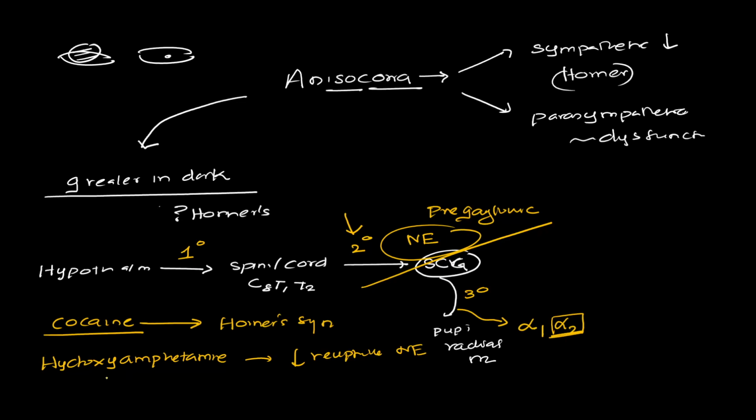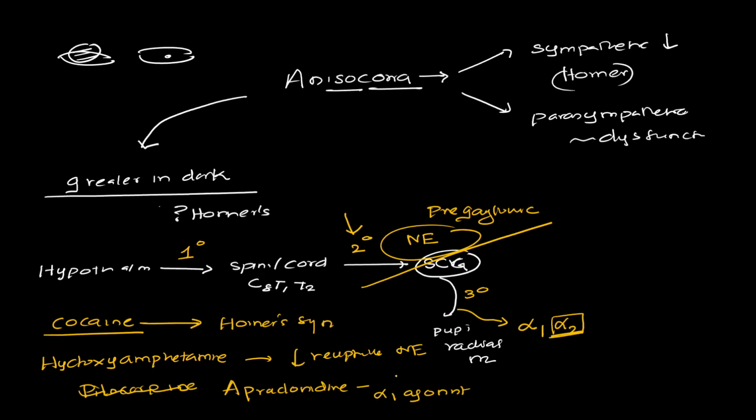What else? Then, of course, there is the other test that we can use, which is pilocarpine. But prior to that, there is apraclonidine. Apraclonidine is an alpha 1 agonist.